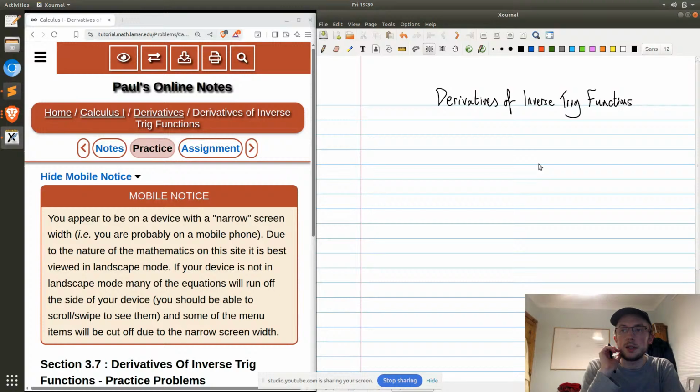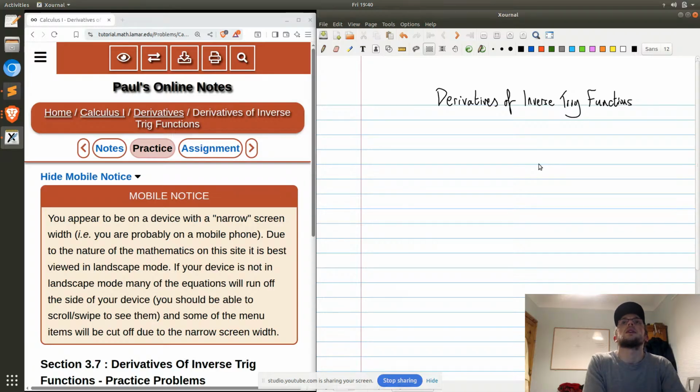For example, sine of 0 is 0, but sine of pi is also 0, and sine of 2 pi is also 0, and sine of 3 pi is also 0, and so on. And therefore, if you want to invert the sine function, you have to restrict the domain. Otherwise, you won't get just one output back.